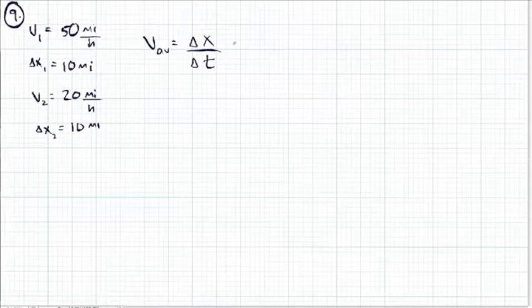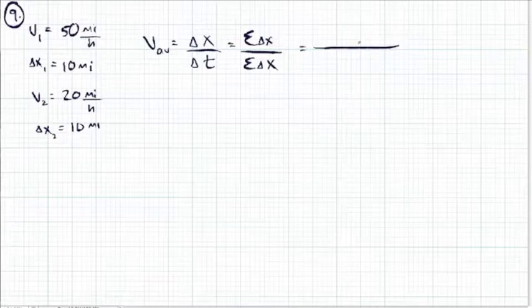That is all the displacement added together, or the sum of the displacements for all the different segments of the trip, over the sum of all the time spent driving. Well, we have the displacement down because for part 1, our displacement is 10 miles. I'm going to add that to part 2, which is also 10 miles.